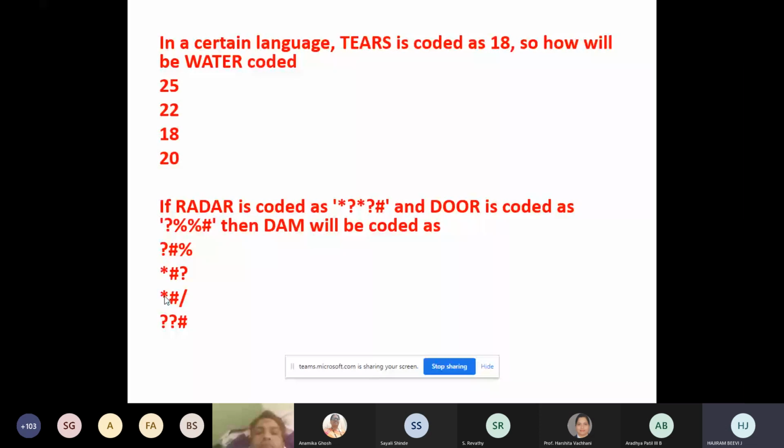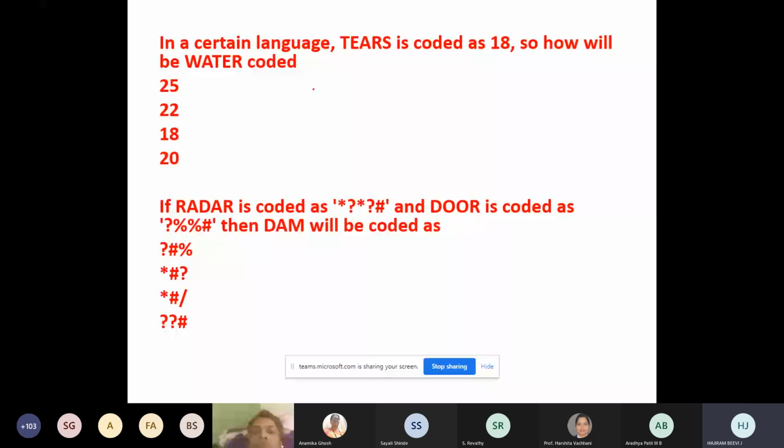Okay, then the next question: in a certain language, TEARS is coded as 18. How will WATER be coded? The options are 25, 22, 18 and 20. For this also we are going to find the position values of the alphabets.